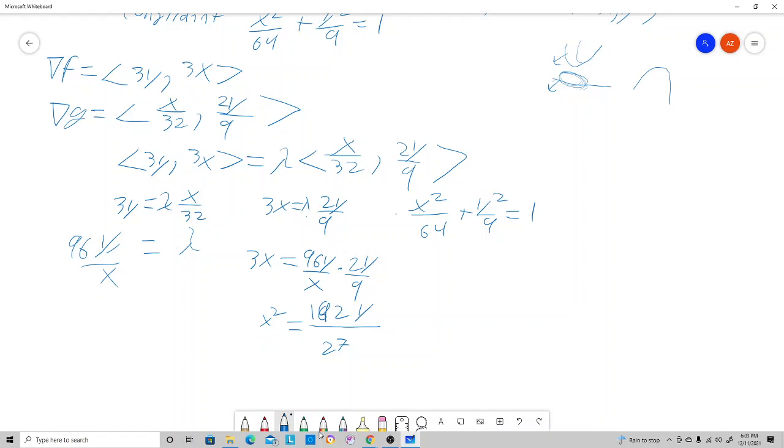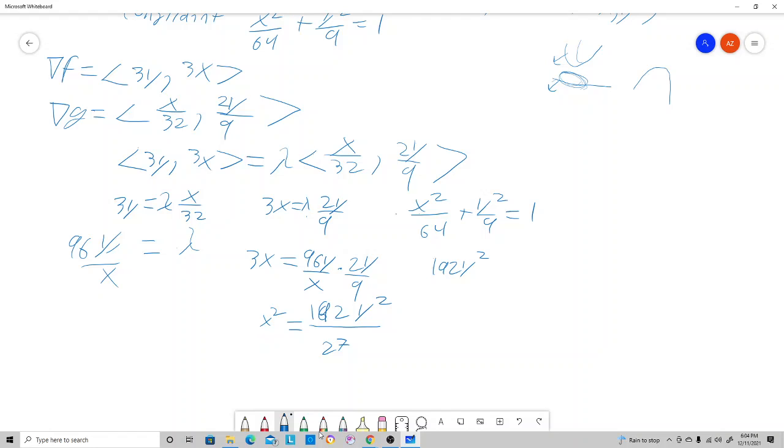Okay, so let's do this. 192y, just making sure that I did everything correctly. So yep. Oh, look, so that should be a y squared. Sorry. It should be a y squared.